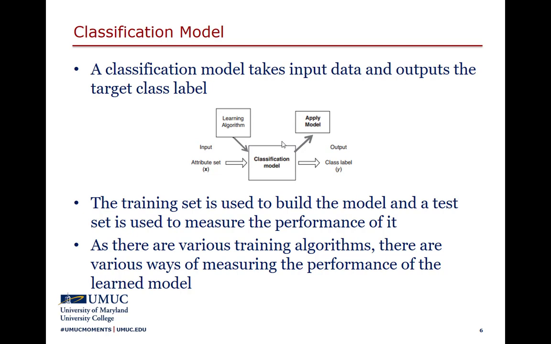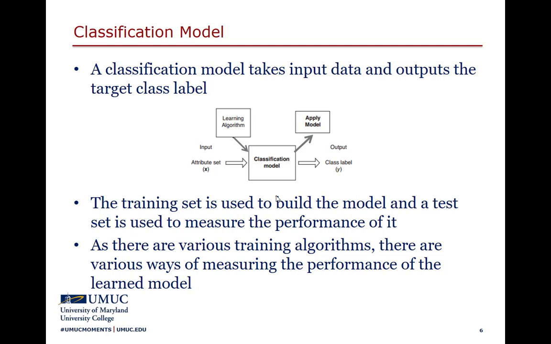So again, the key takeaway is that for supervised learning, there is training data that has annotated labels, and you apply a learning algorithm to estimate the function that generated the data or the observations you have. Now, part of applying the learning algorithm also involves evaluating the performance of the model.